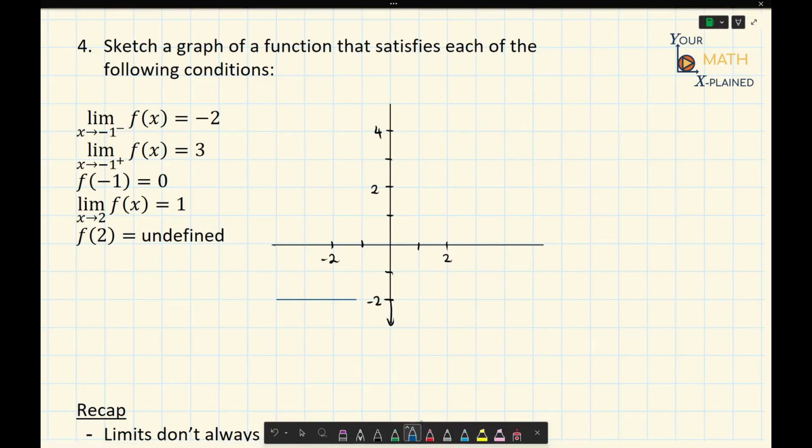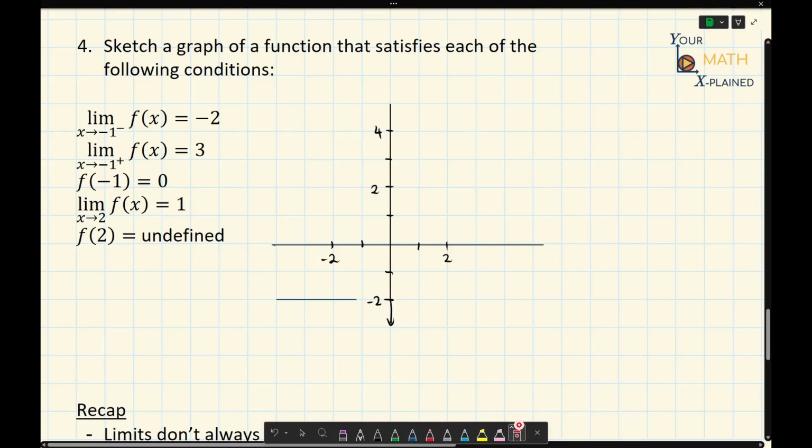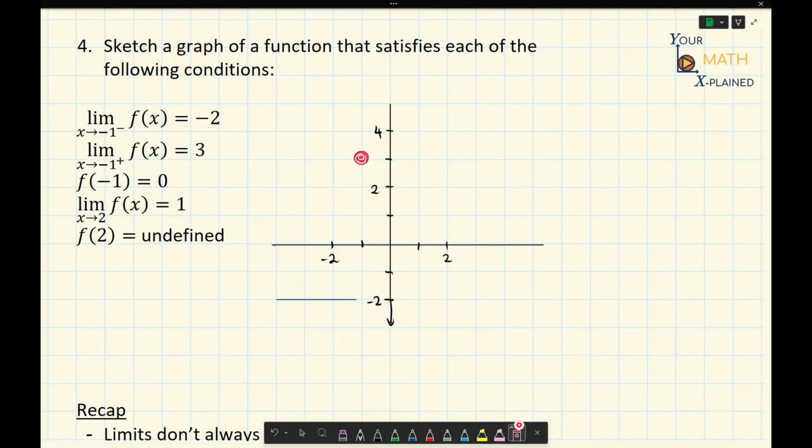But I don't know what the behavior is at -1 yet, so I'm going to leave it like this for now. Next, we want the limit of our function as x approaches -1 from the positive side to be equal to 3. So from the positive side, we want the value of our function to be up here.